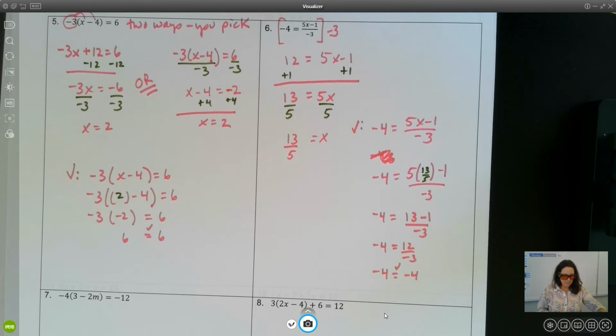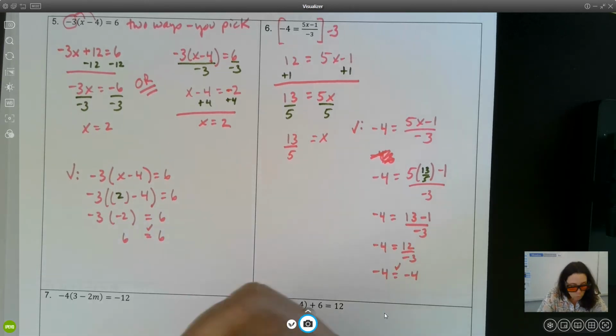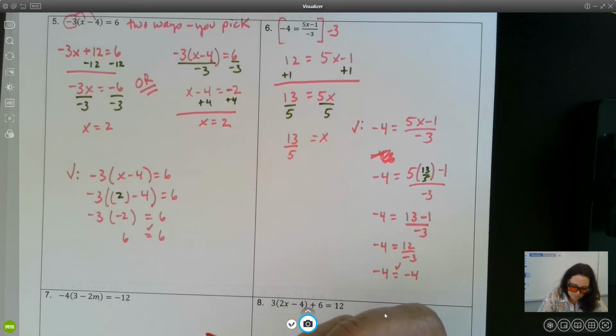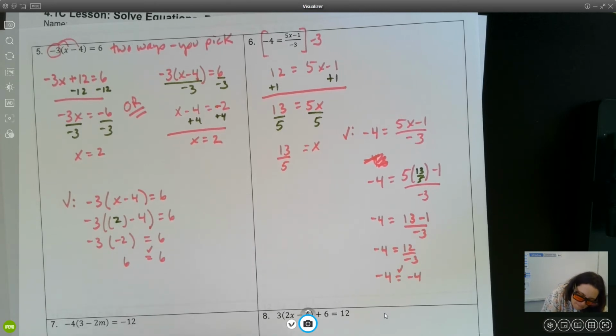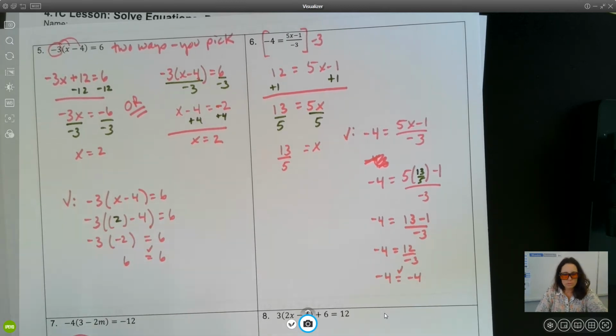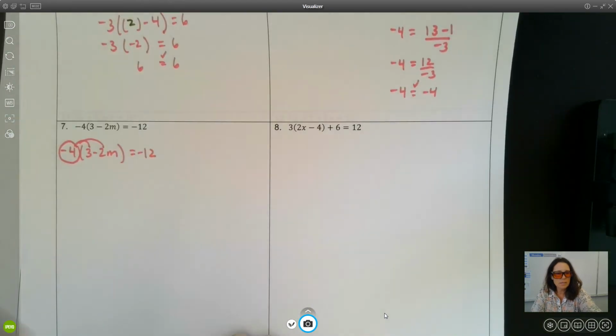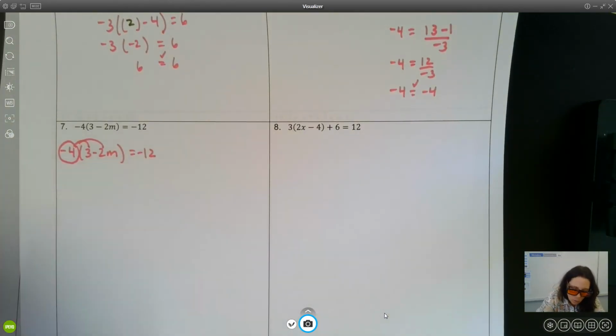All righty, number 7. 2 ways to handle this problem. I'm just recopying it. We could distribute that negative 4 into both of those.